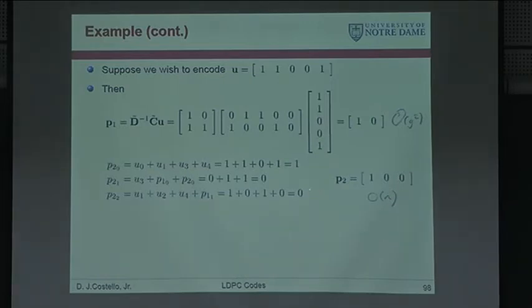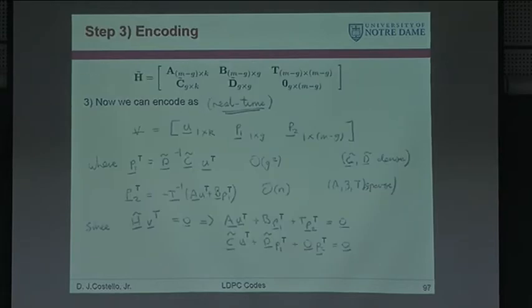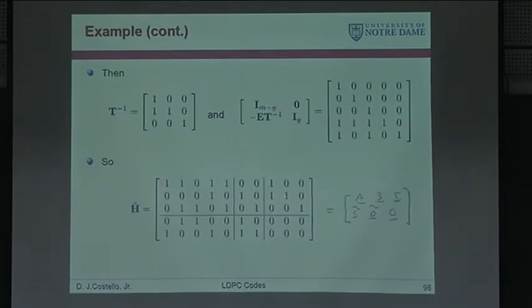And we add those up, and that gives us the third encoded bit in P2. We didn't invoke that T inverse here at all. We just encoded, because of this lower triangular form, we encoded these 3 P2 bits in sequence using these 3 rows, and these are all sparse matrices. So that's a sparse operation.